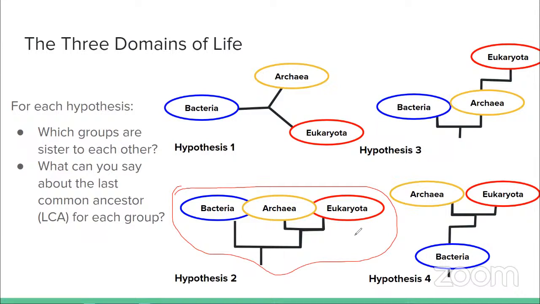So we would expect the evolution of multicellularity to happen somewhere here. So we know the difference about the eukaryotes, we look back at that table, right? Two of the big things up at the top of the list for eukaryotes were a membrane-bound nucleus and those membrane-bound organelles.